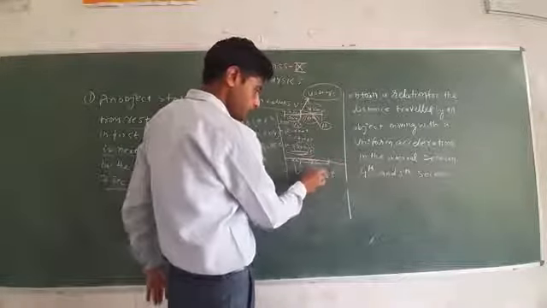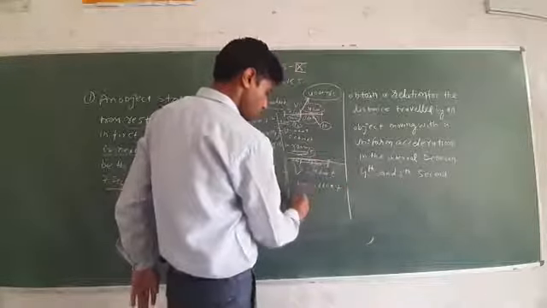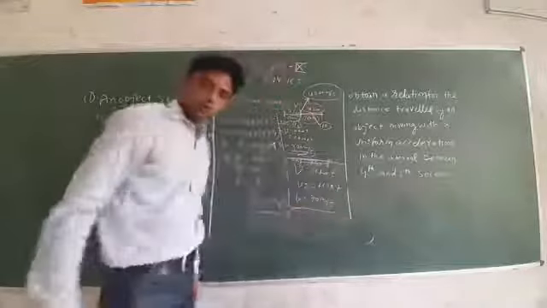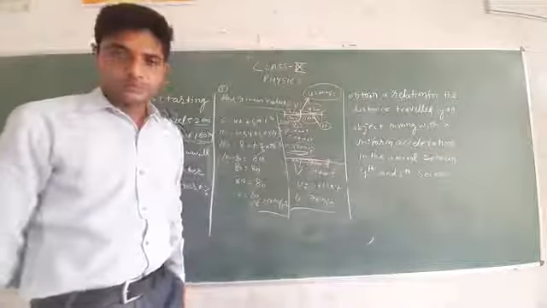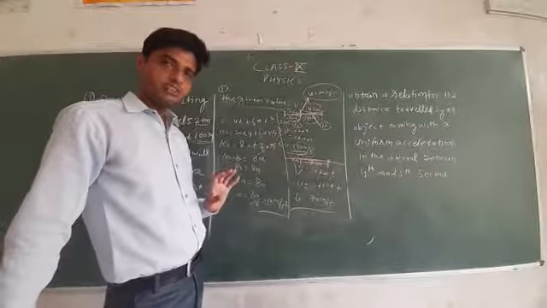So u is 0, a is 10, t is 7. So v is 70 meter per second. So this is the velocity after 7 seconds. I hope you understand.